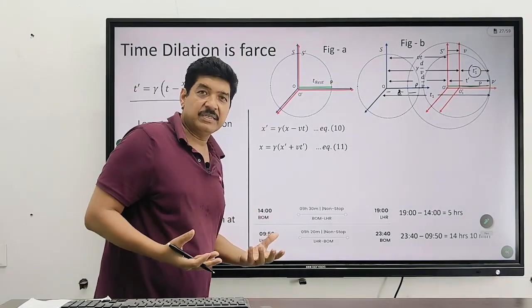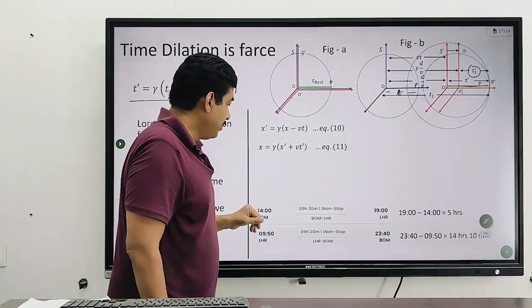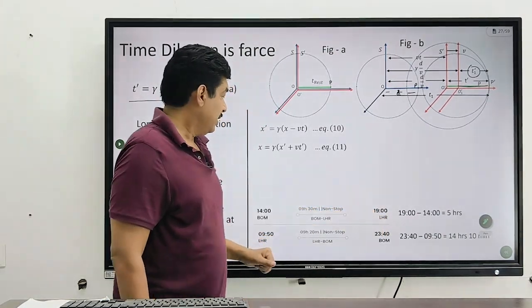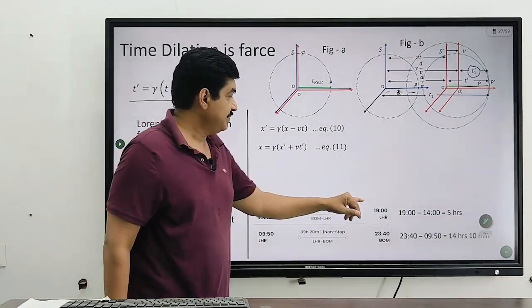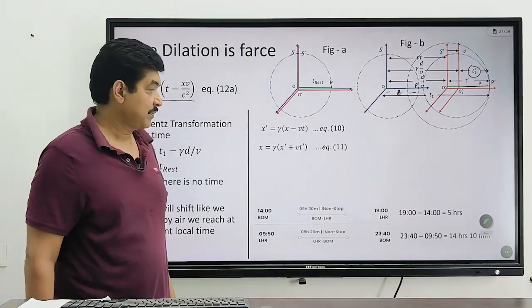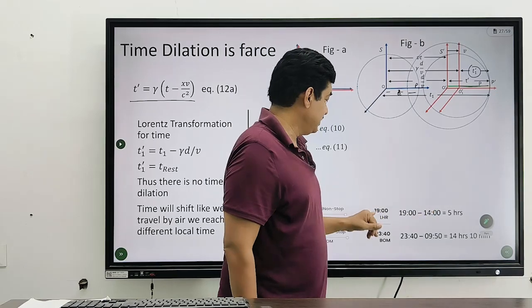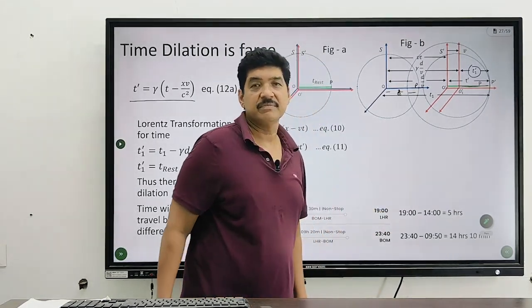I got a very good example from airlines, wherein the flight from Bombay to London Heathrow starts at 14 hours and reaches Heathrow at 19 hours. These are local times. So local time 19 minus 14 is 5 hours.